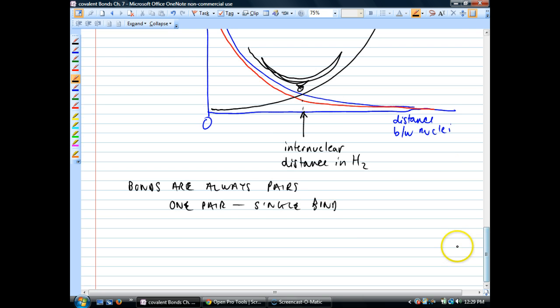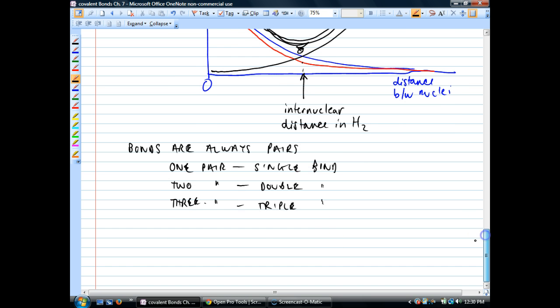You can have two pairs, of course, and that's a double bond. And then we can have a triple, but you're not going to get a quadruple bond. So you get single, double, triple, but they're always in pairs.